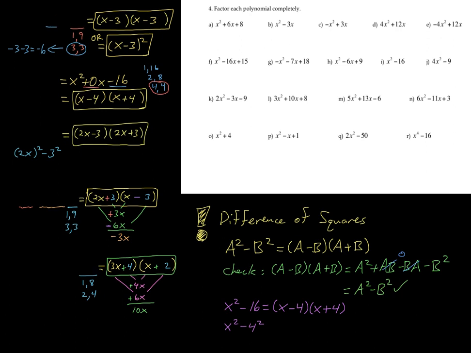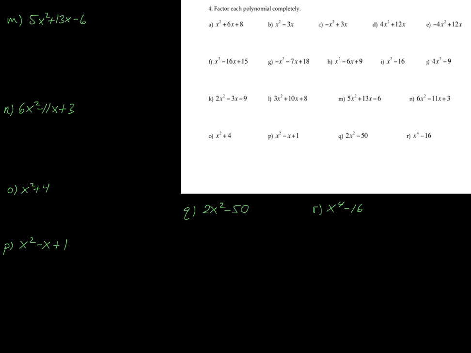All right, so now let's go ahead and check out these last couple here. We'll do M and N, and then we'll pause. So here for M, it's more practice with trinomials, so this is just good further practice.